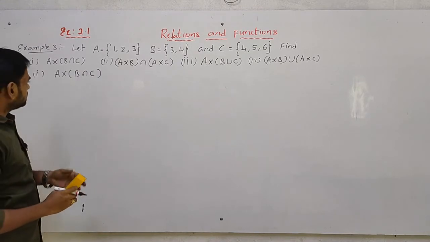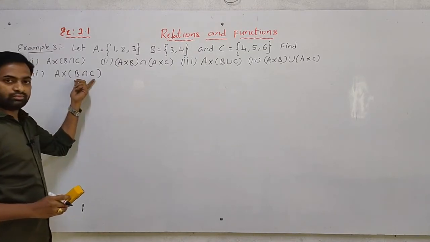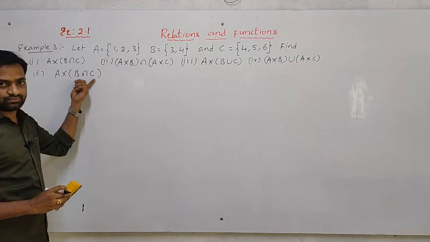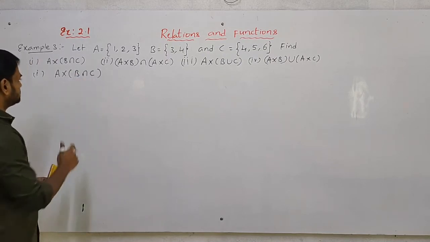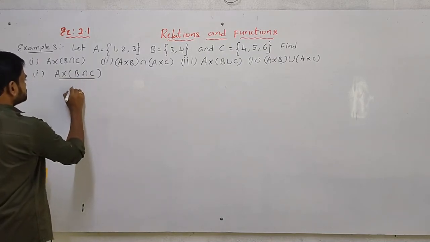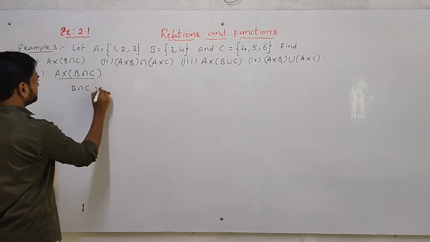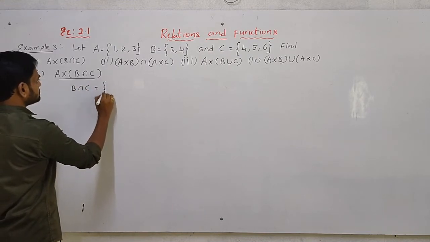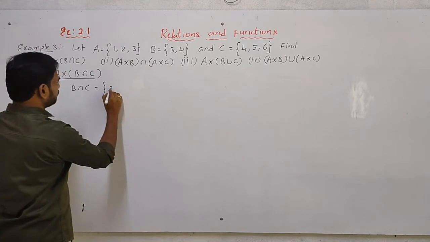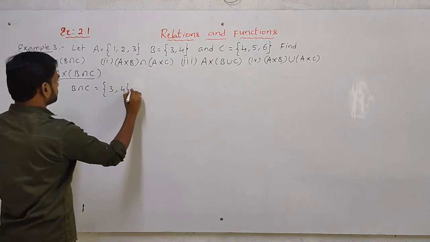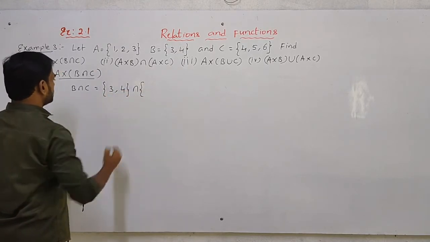So in this one, first we have to solve within the brackets: B intersection C. What is the B set? B set is {3, 4}. Intersection. What is the C?